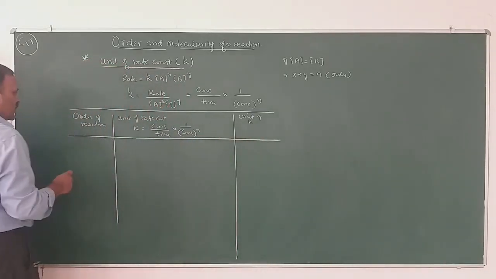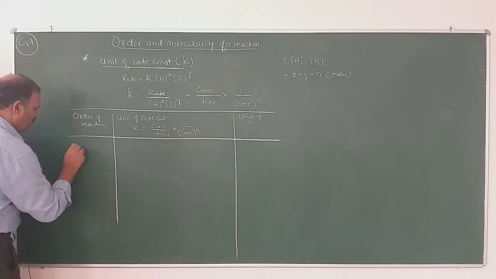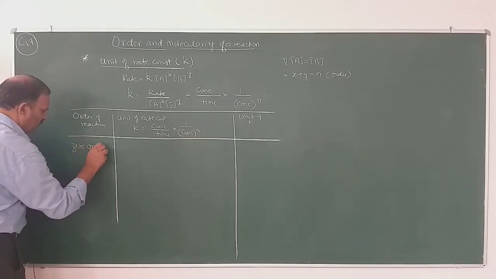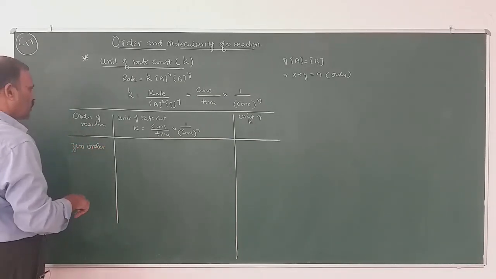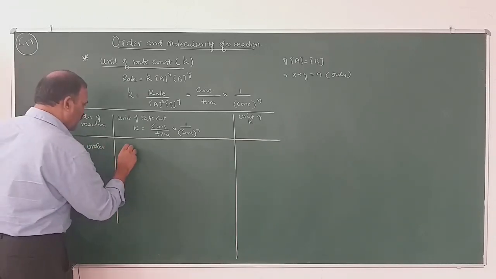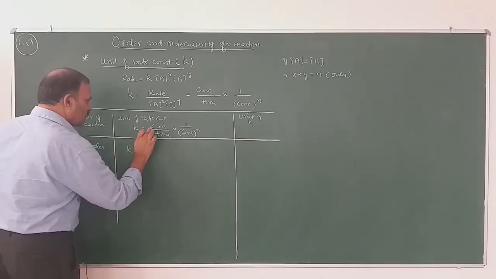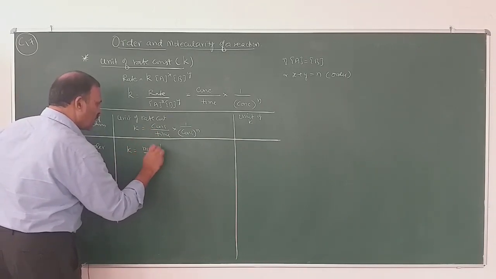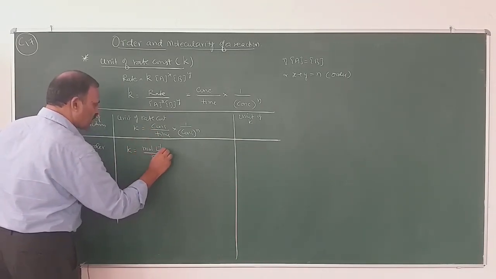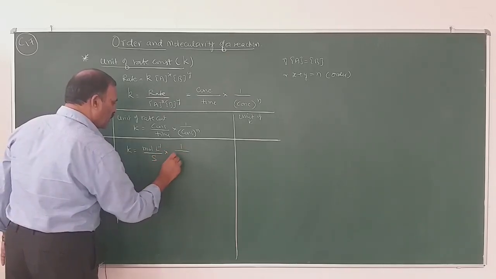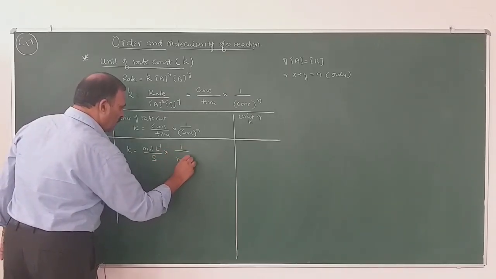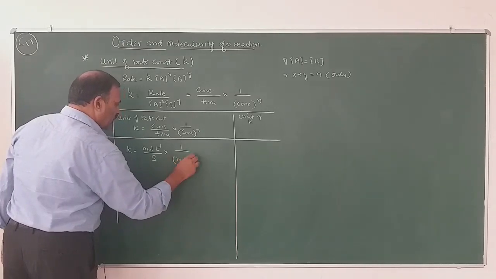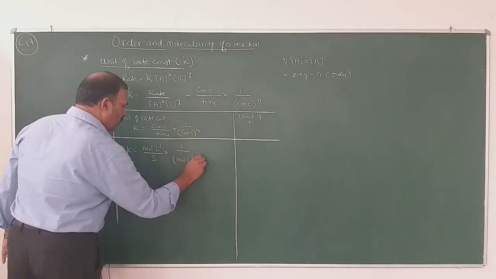So first, order of reaction, zero order. If the order of reaction is 0, what is the unit of K? Concentration is mole liter minus 1, divided by time, second, into 1 over mole liter minus 1 to the power of n, and n is 0.